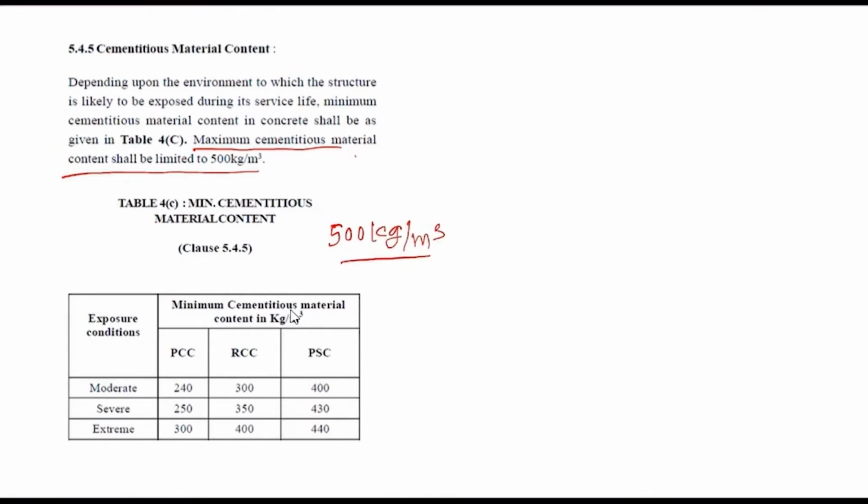This value is also restricted in IS 456, but there the value is 450 kg per meter cube. So we are actually permitting a higher value. The reason for restricting this value is that if we apply more cement, there are chances that the cracks will be more due to shrinkage and temperature.